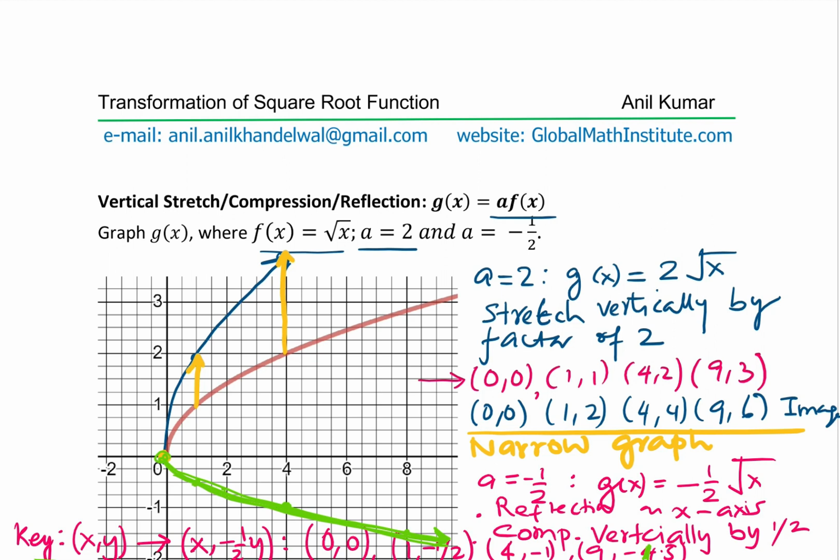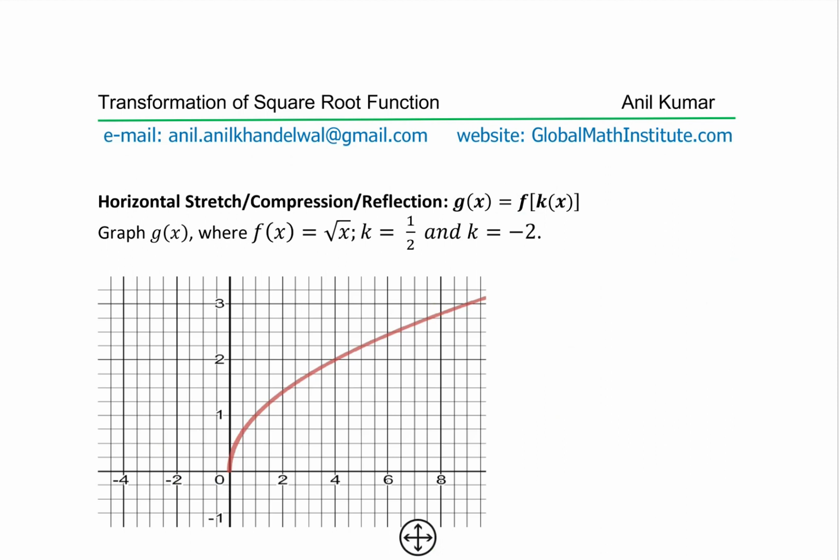Now, let us look into the next example where we have horizontal compression, reflection, and stretches. In this case, we are considering the function g of x, which is equal to f of kx. We need to graph g of x for the function f of x equals square root x.